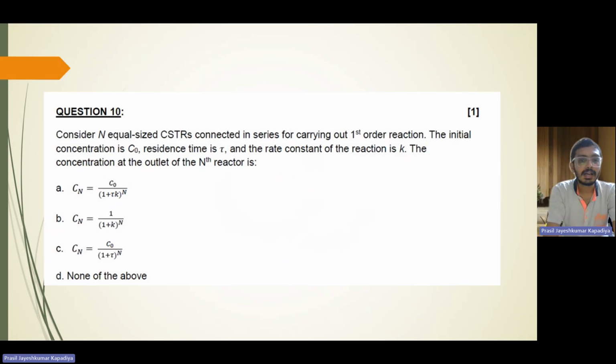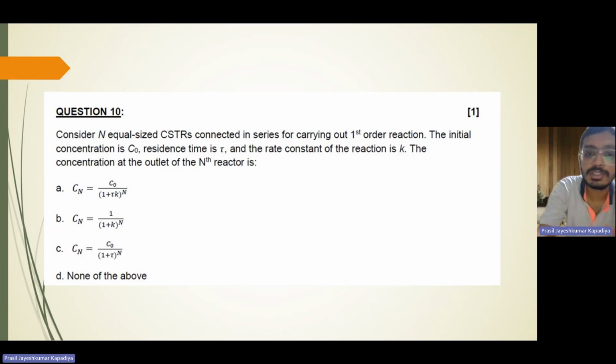Consider n equal sized CSTRs connected in series for carrying out a first order reaction. The initial concentration is C0, residence time is tau, rate constant of the reaction is k. Find the concentration at the outlet of the nth reactor.